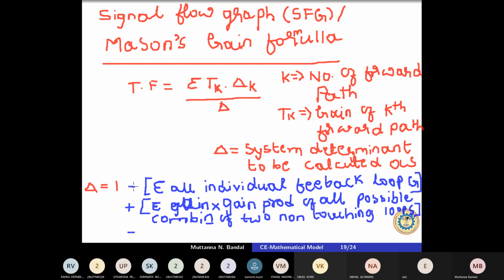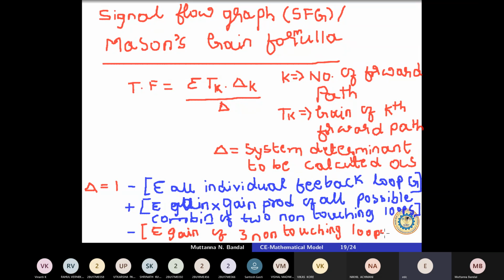Minus, you see here it is first minus, then plus, again minus, the summation of the gain of three non-touching loops.